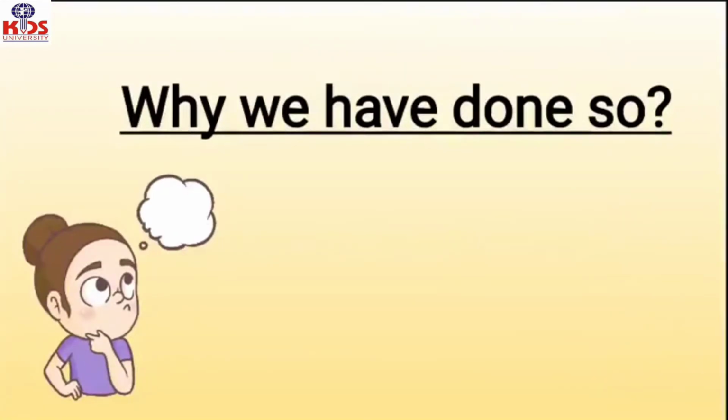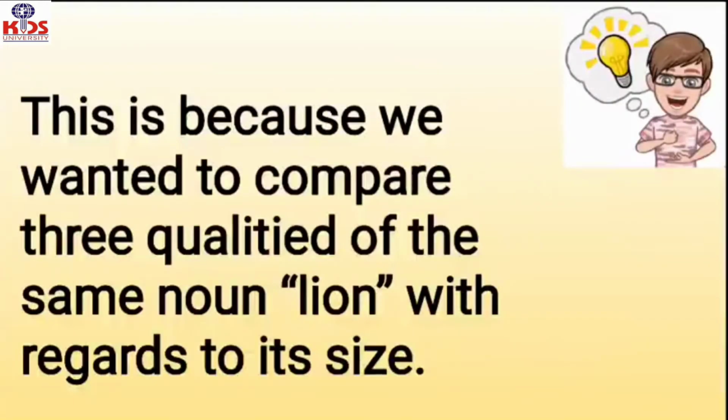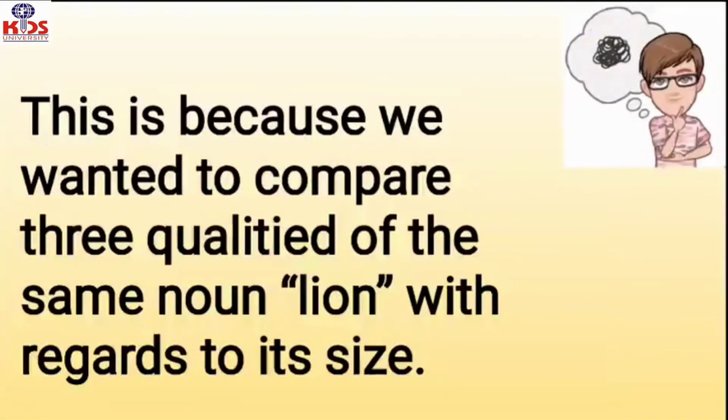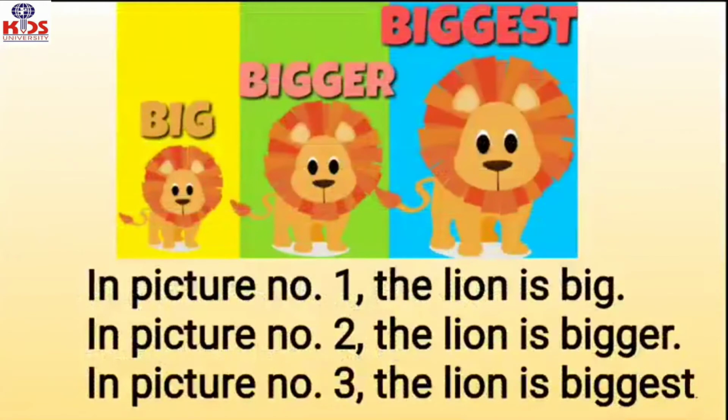Why have we done so? This is because we wanted to compare three qualities of the same noun lion with regards to its size. Big, bigger, and biggest. In picture number 1, the lion is big.